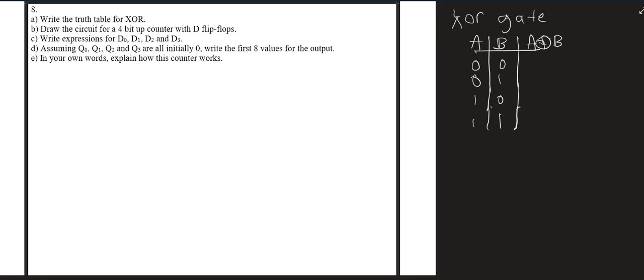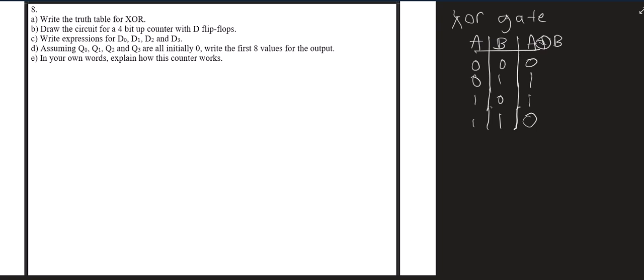It's 0 otherwise. So 0 because there's no 1, 1 because there's a 1, 1 because there's a 1, and 0 because there are two ones. If you have more than two inputs, an exclusive OR is 1 if you have an odd number of ones. So if you had a whole bunch of things exclusive ORed together.